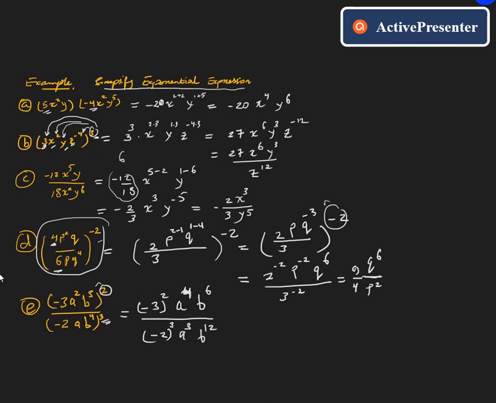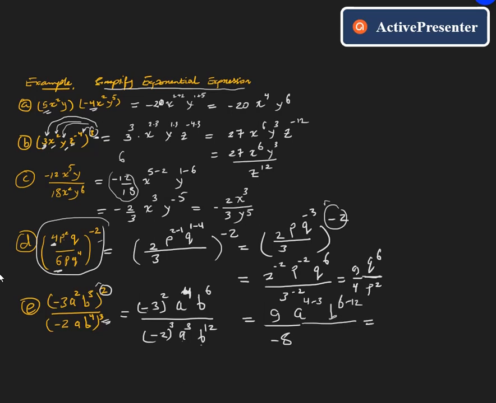Now we can simplify. What can we do? Minus 3 square is 9 over minus 2 cubed should be minus 8, of course. What about a to the power 4 over a to the power 3 should be a to the power 4 minus 3, and b to the power 6, and here b to the power 12 should be b to the power 6 minus 12.